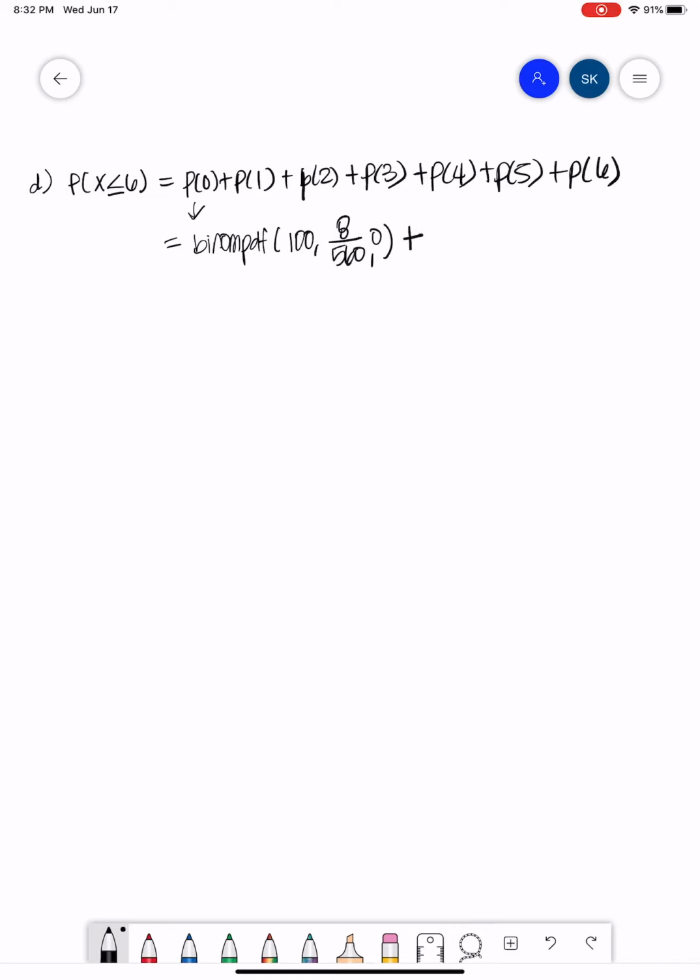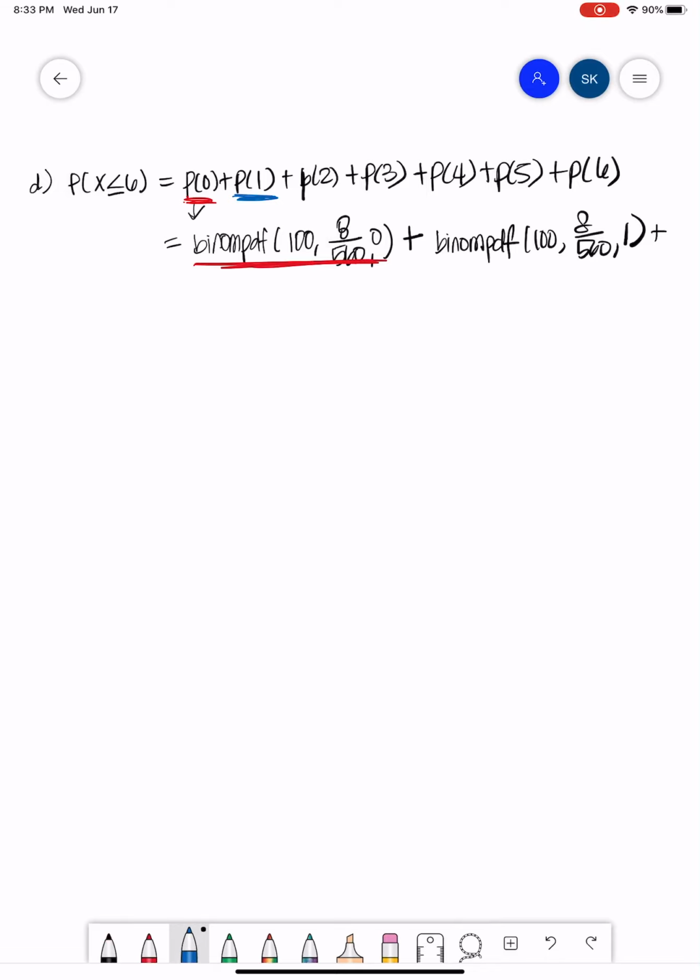And then I need to sum that up with the next ones. So this one over here is this part over here, and then I have to add this one and then all the way up to 6. So the second one will look like binom PDF 100, 8 over 560, and then the next one, 1.